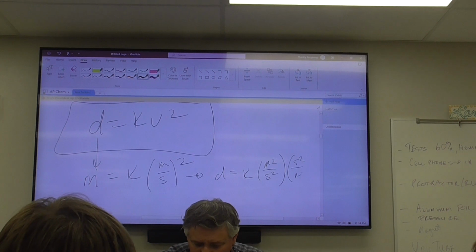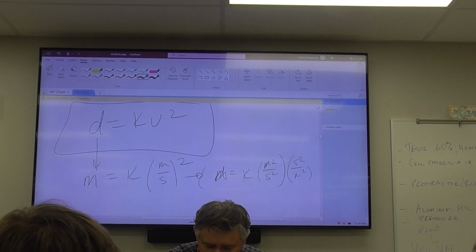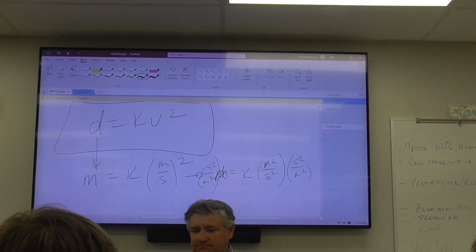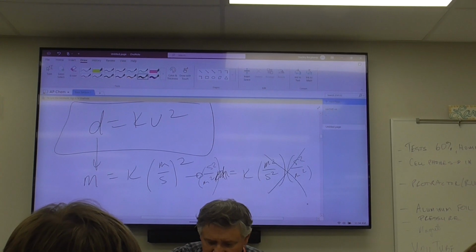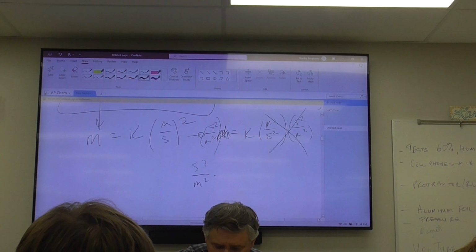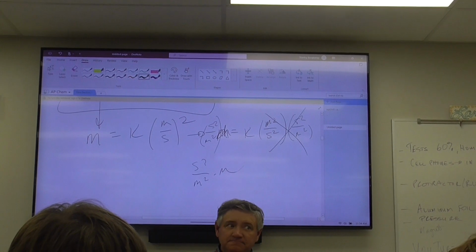I'd multiply both sides by the reciprocal, that's second squared over meters squared. So then everything over here is going to cancel out. And now I've got second squared over meters squared times meters. That's what I got.